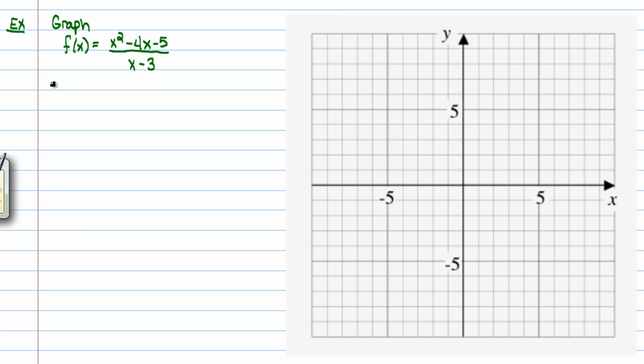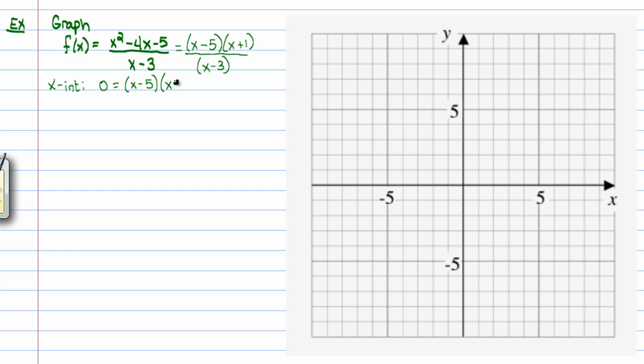We'll still approach it with the same kind of flair here. We want to find the x-intercept and all that stuff. We still have to factor. I should do that first. So the numerator will factor to x minus 5 times x plus 1. The denominator is still this plain old x minus 3. And for the x-intercept, again, let the output be 0.